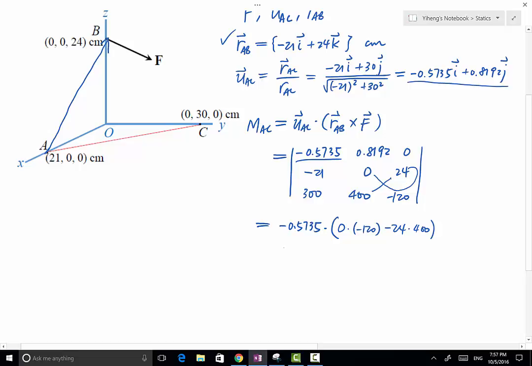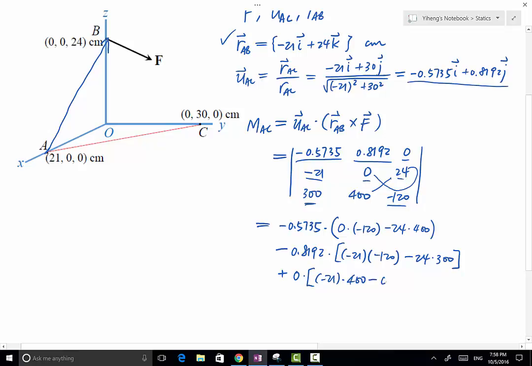So for the second term, it's negative, minus 0.8192 times negative 21 multiplied by negative 120 minus 24 times 300. And lastly, even though we don't have to do anything because this is a 0, if it's not a 0, we switch back to plus sign, and then we will do 0 times negative 21 times 400 minus 0 times 300. And of course, for this particular problem, this last term is simply 0.